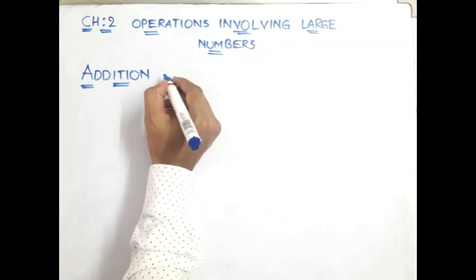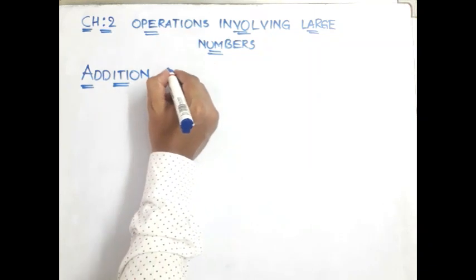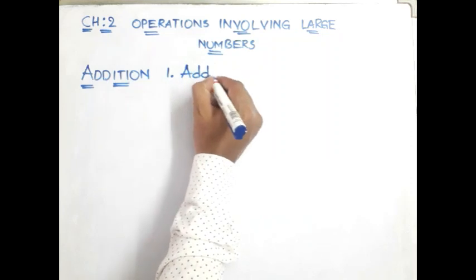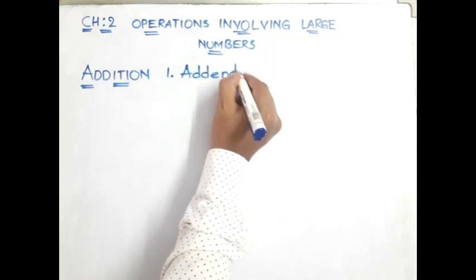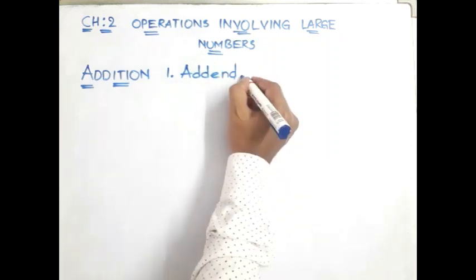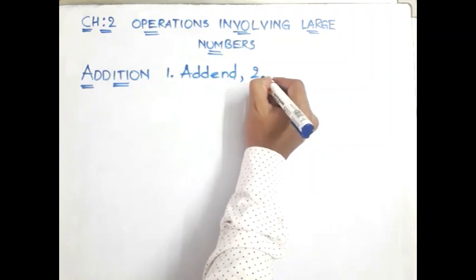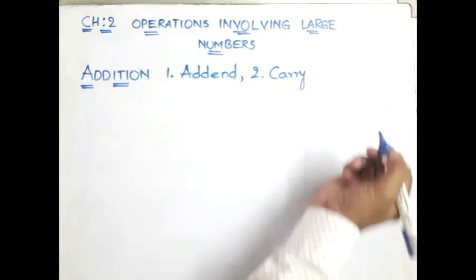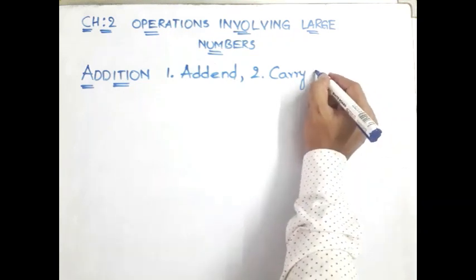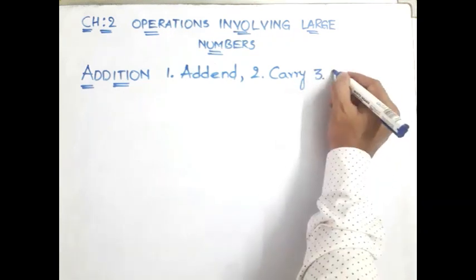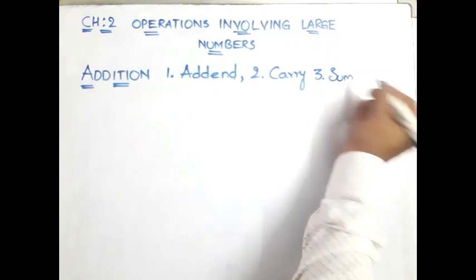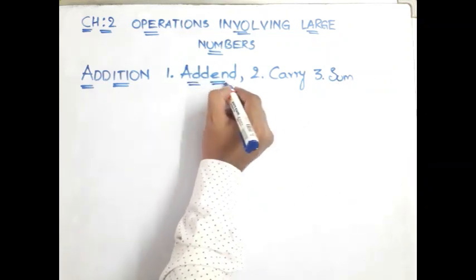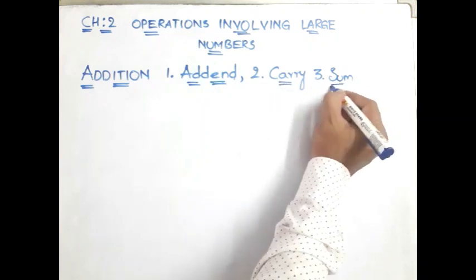The first one is addend, and the second one is carry, and the third one is sum. So these are the terms to be kept in mind: addend, carry, and sum.